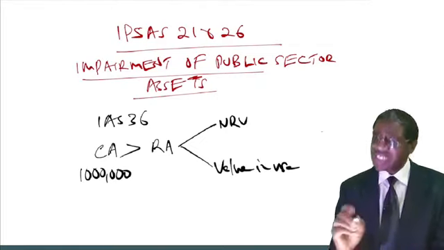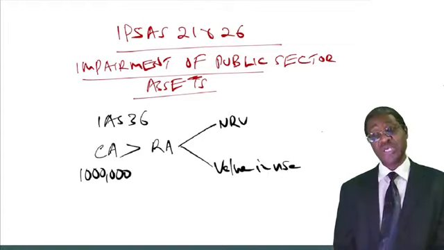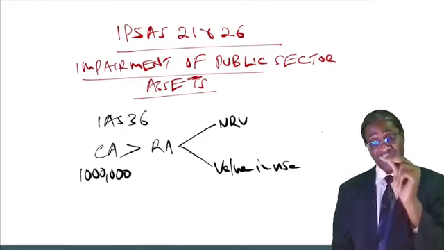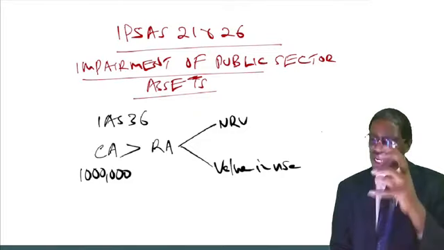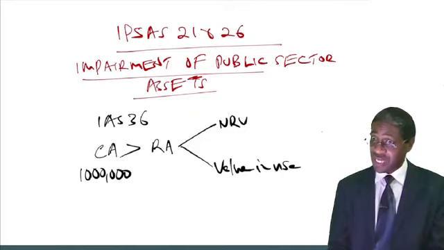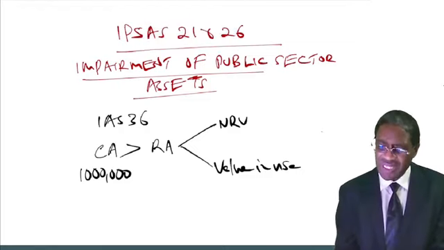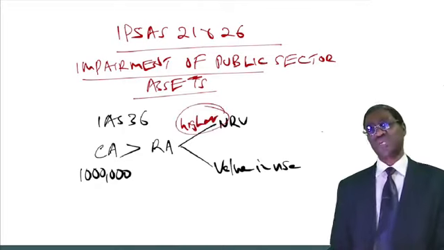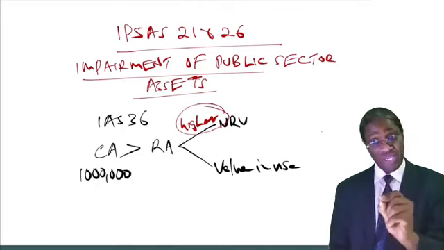So for that asset you are testing for impairment, you calculate the two values for the same asset. Once you compute these two values, whichever of the two is higher, that is what becomes the recoverable amount of the asset.